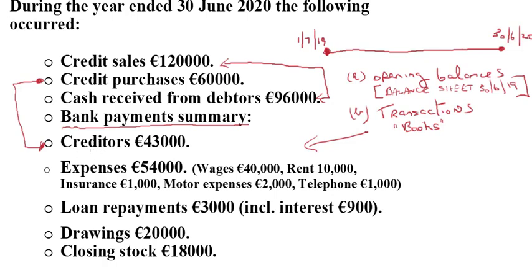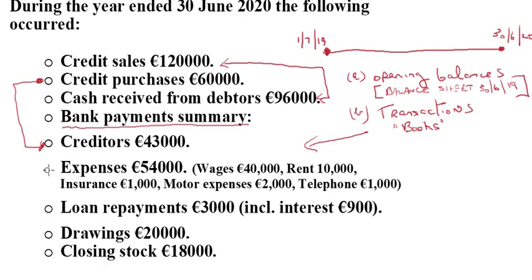Okay, so that's that. So the next bank payment then, we're assuming here all the payments that this business makes are made through the bank, some kind of bank transfer or check or something like that. That's the assumption here. And we're assuming all the cash that's received is also lodged into the bank.